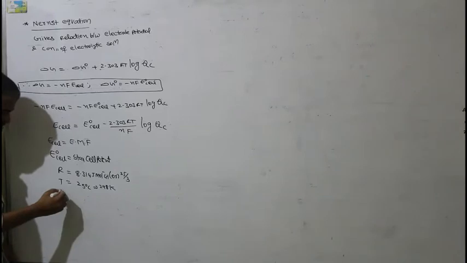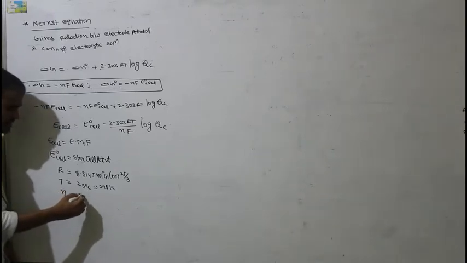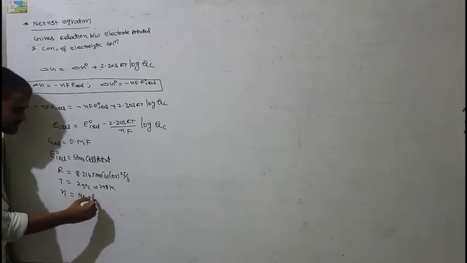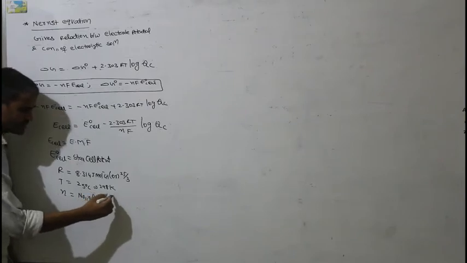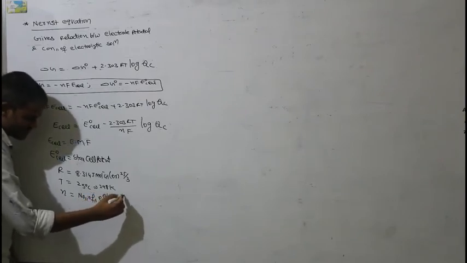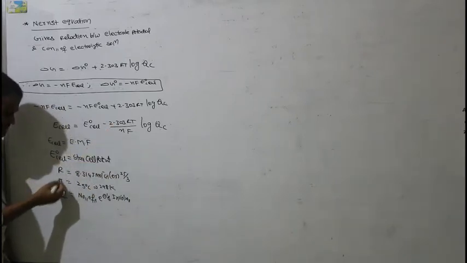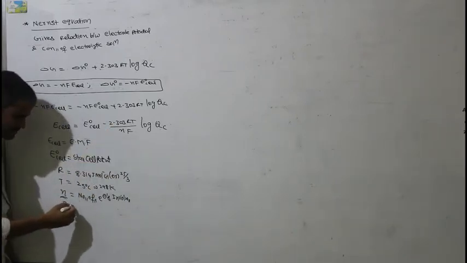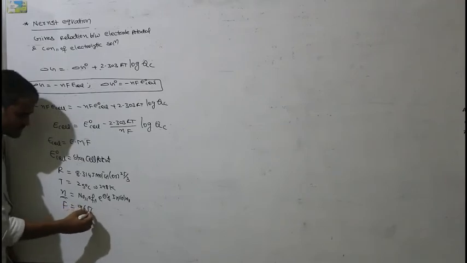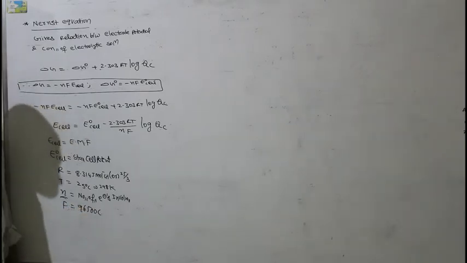Next, n equals the number of electrons participated, the number of electrons involved. Based on the reaction this n value will change, but all the others are constants. F equals 96500 coulombs.